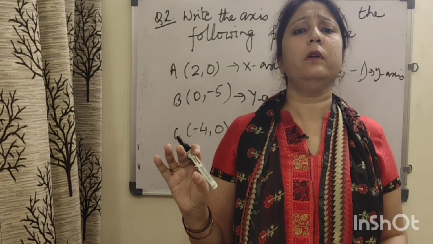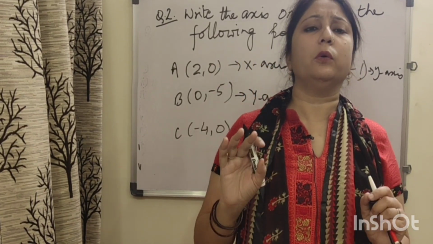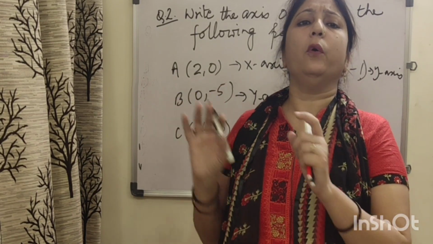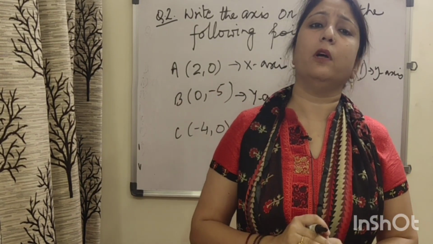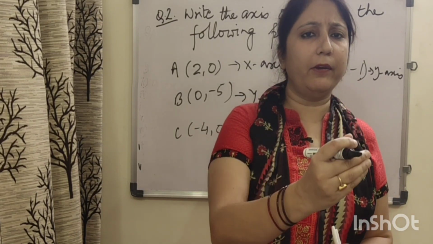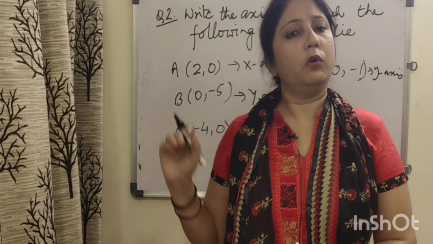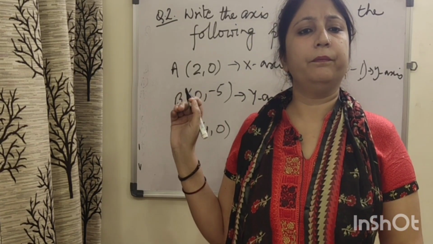No confusion. Origin is 0, 0, so there is nothing to take with origin for this. Only you have to look at the coordinates of the point, which coordinate is 0. X is 0, then y-axis. Y is 0, then x-axis. So is it clear to all of you?